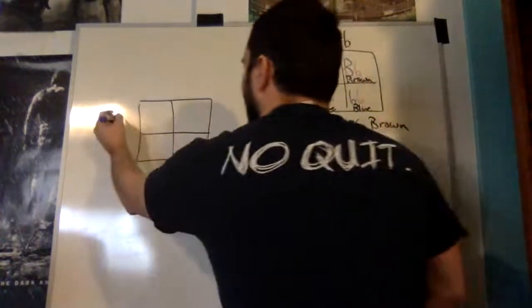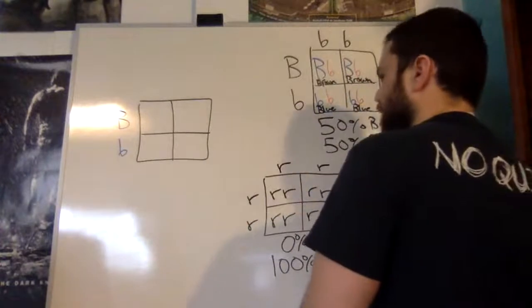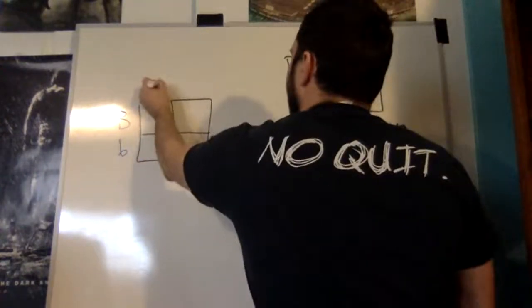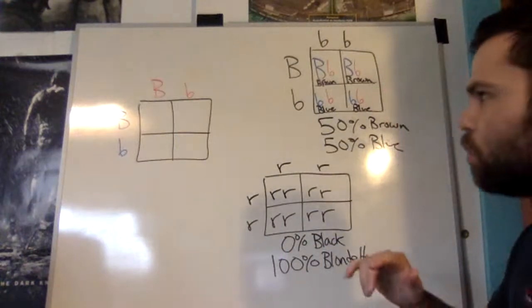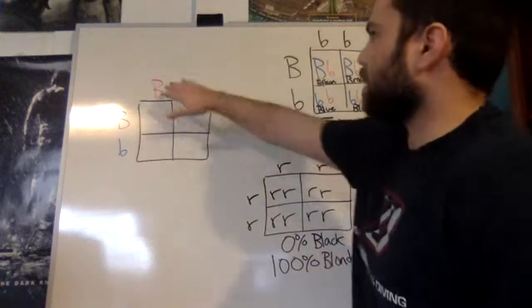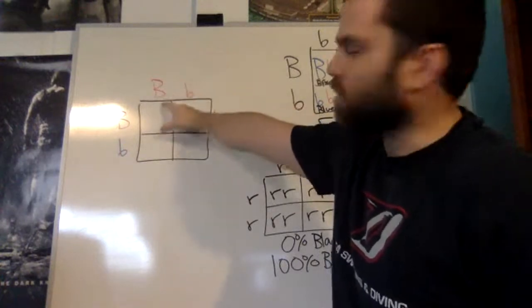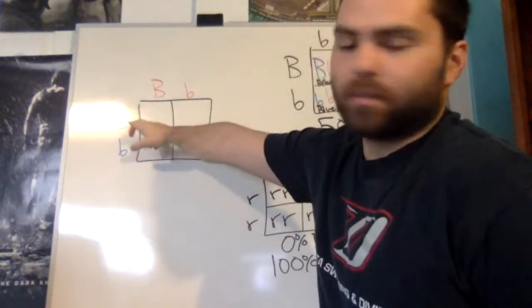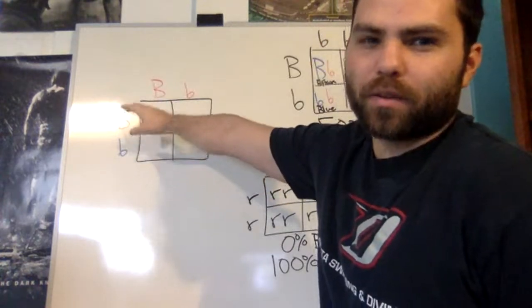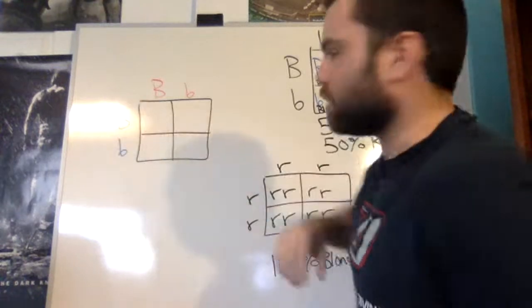Okay, so I'm going to put uppercase B and then uppercase B, lowercase b. Okay, so remember, we got uppercase B, lowercase b. So this means that mom still has brown eyes because she's got that uppercase B. I know there's a glare. Now dad also has uppercase B and then lowercase b, which means dad also has brown eyes.